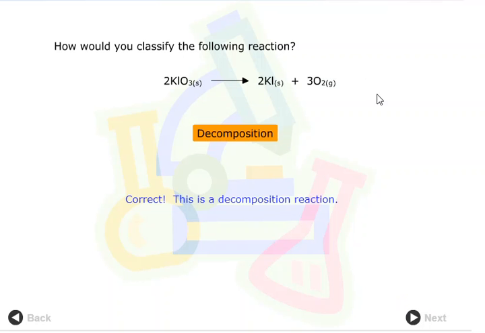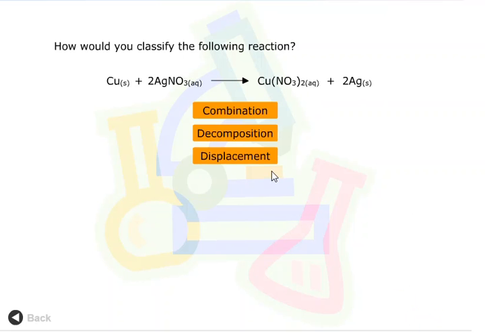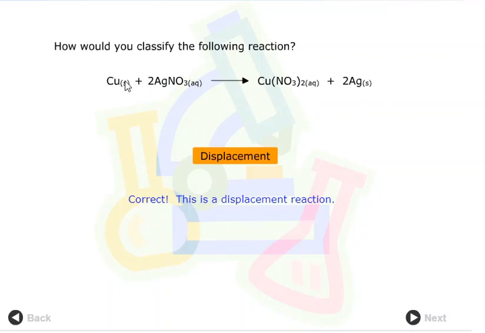This is a decomposition, as one reactant is decomposing into two products, while this is a displacement reaction, as copper plus iron nitrate combine to form copper nitrate and iron.